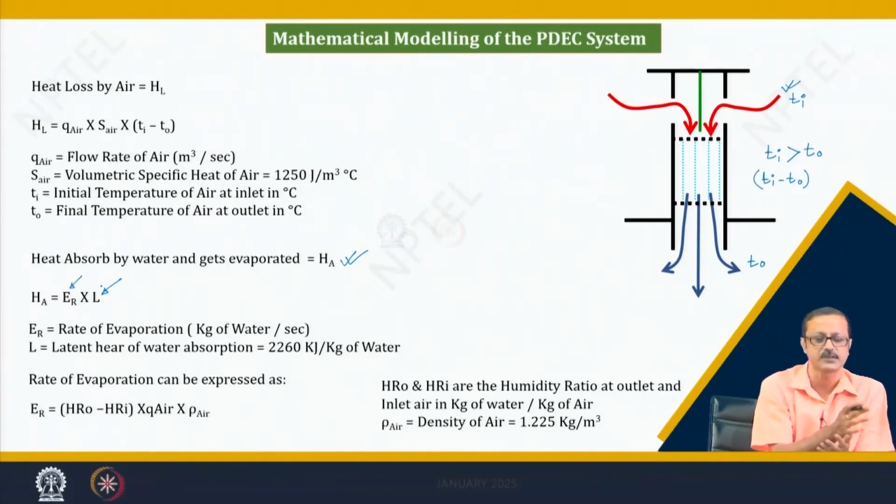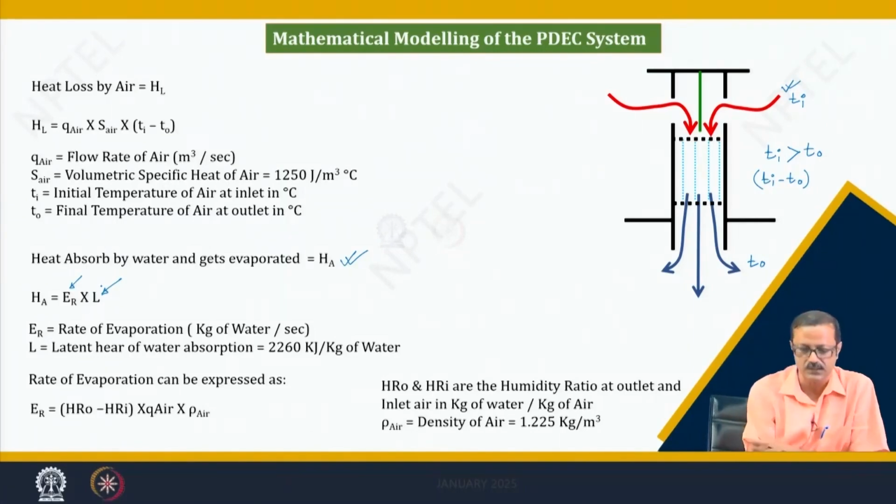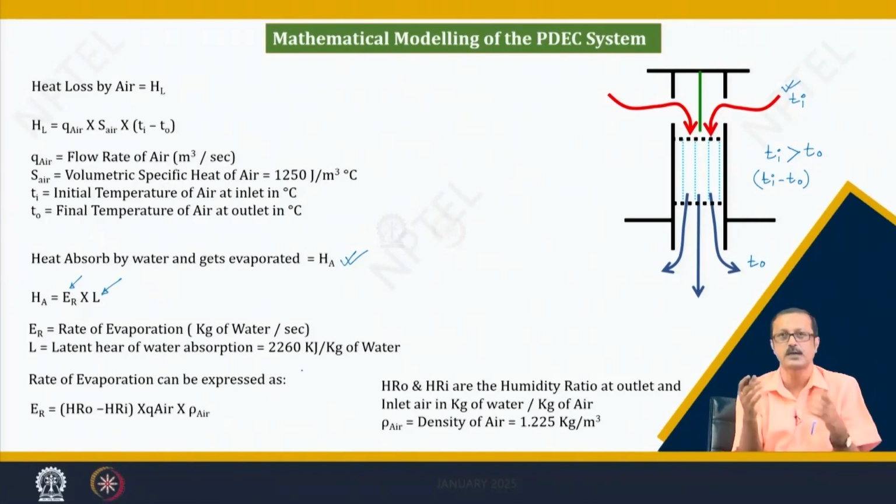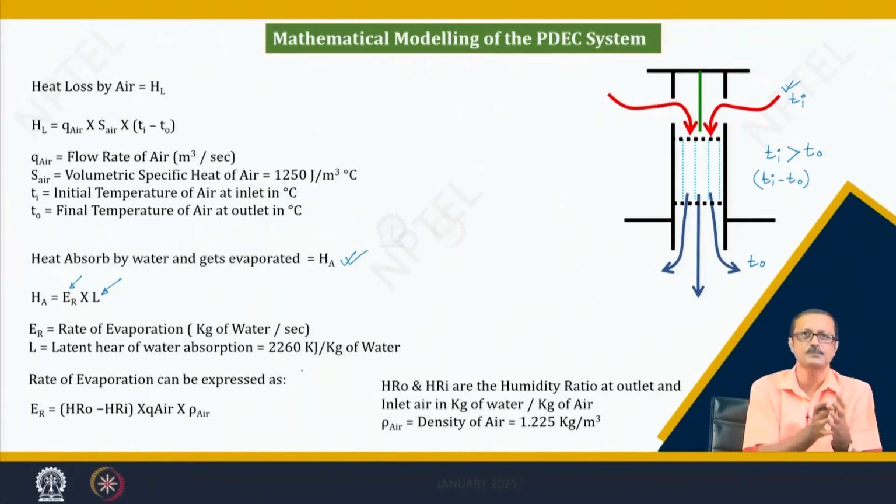That is the rate of evaporation, and by multiplying with the latent heat, which is 2260 kilojoule per kg of water, I can find out that this much heat is absorbed by the water, and that amount becomes vapor. So, first we need to find out the ER, the rate of evaporation.